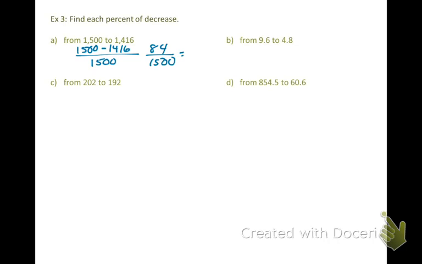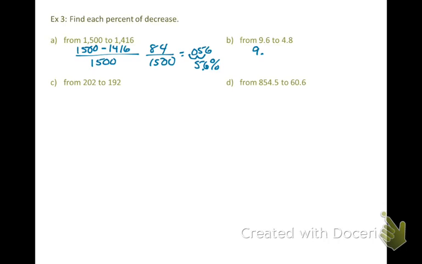It looks like 0.056. Remember, we moved the decimal over how many spots? 2. So it's 5.6%. On my calculator, I got 0.059. I don't know where you got the 9 from.